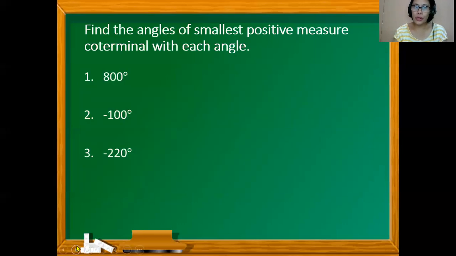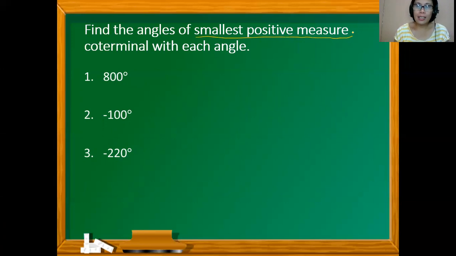Now we're going to work on finding the angles of smallest positive measure coterminal with each angle. So how are we going to work with number one? We're asked to find the smallest positive measure, so we will not consider negative angles here.